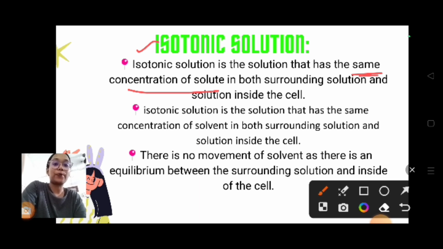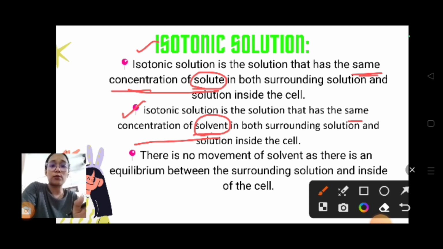The next point says isotonic solution has the same concentration of solvent, in both the surrounding solution and inside the cell. That means there won't be any net movement of solvent, as there is an equilibrium between the surrounding solution and inside the cell. Because they have already attained equilibrium, there won't be any exchange.